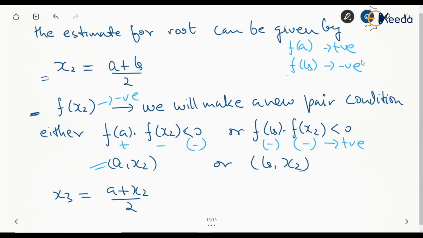And we have to always make sure that we present the equation in f of x equal to 0 form. No matter what form they are giving, we have to rearrange it into this form. So we can repeat these iterations any number of times asked in the question, or up to the value or the exact root we are expecting.